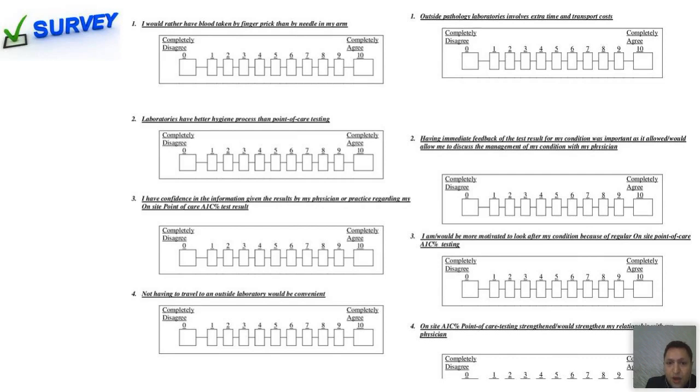It asks if they are happy about the hygiene that we provide for the point of care testing, and if it improved their dialogue, communication, trust and confidence with their primary healthcare treating physicians or with their diabetes educator and dietitian, and if it saves their time and effort compared to the traditional laboratory HbA1c.